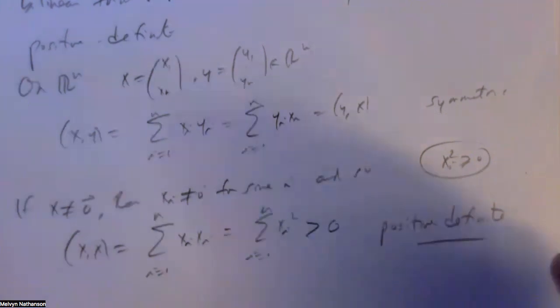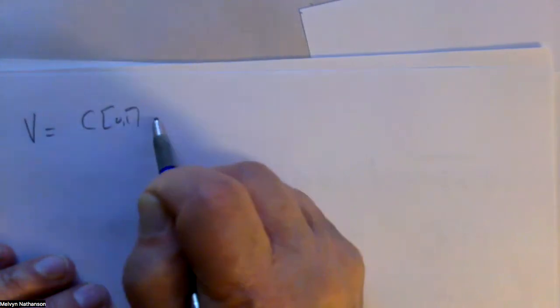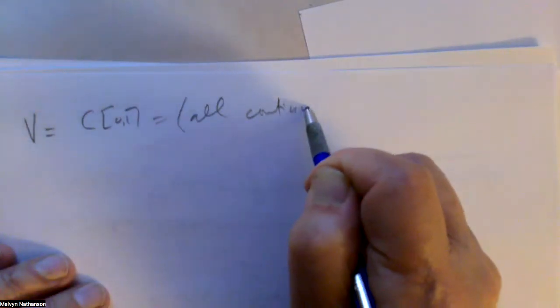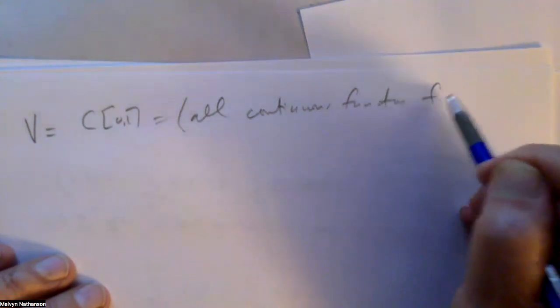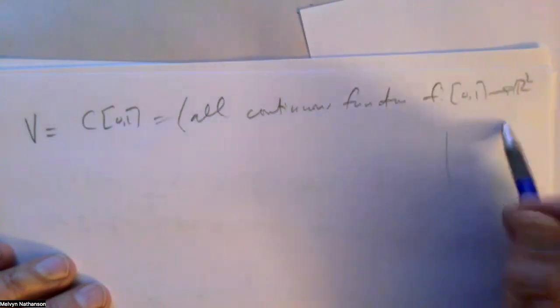Let's look at another example of an inner product other than the standard inner product. If we take V to be C[0,1], this is the set of all continuous functions f from [0,1] into R. Right?